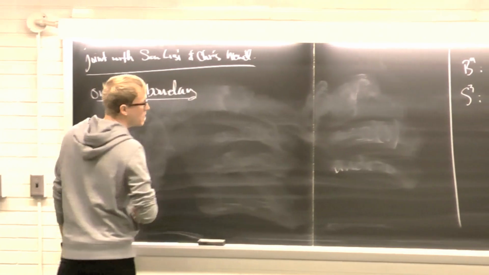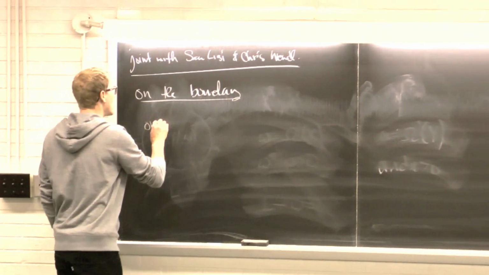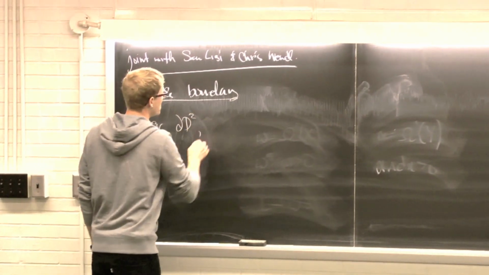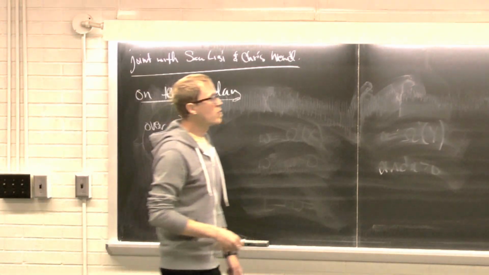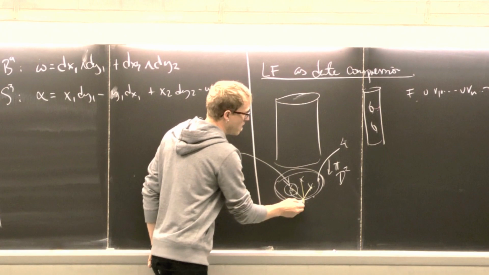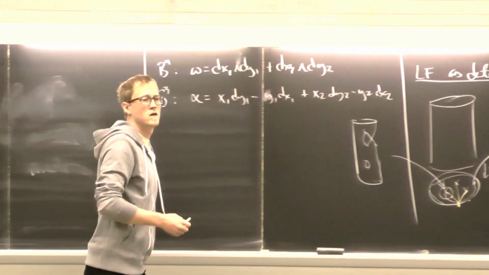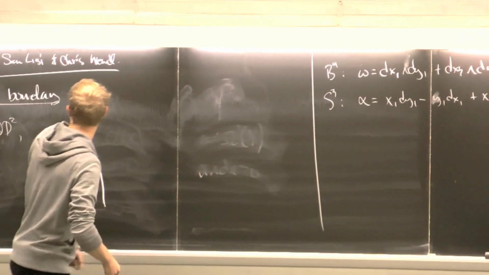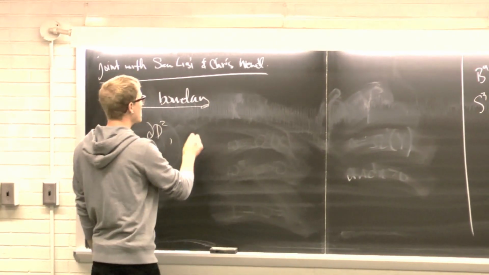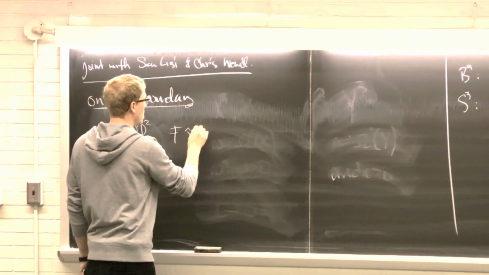Over the boundary of the disk, what do you have? Each of these is going to be a smooth fiber. So you've got a fiber bundle over the circle. Over the boundary of the disk, you just get a fiber bundle.